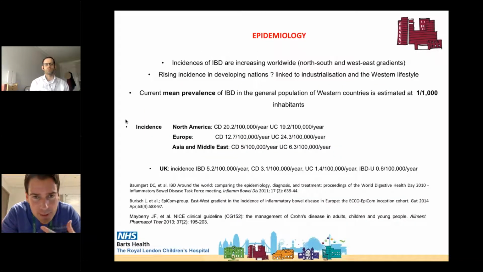So the problem with epidemiology is that to have strong epidemiological data, you need to run large studies, studies that normally require time, and they need to be very well structured. So the data we've got at the moment is sometimes old data.